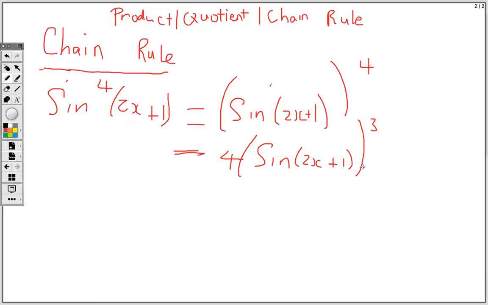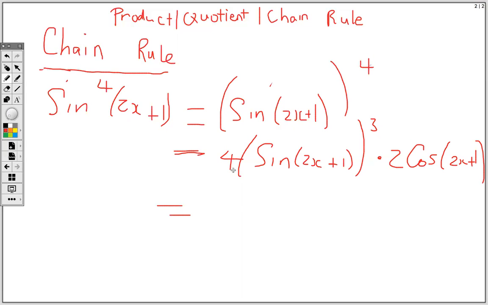Then we differentiate the inside, and remember we have a rule for this, where the derivative of sine 2x plus 1 will be 2, which is coming from here, cos 2x plus 1. Again, you can revisit my channel where I differentiate using the common rules.